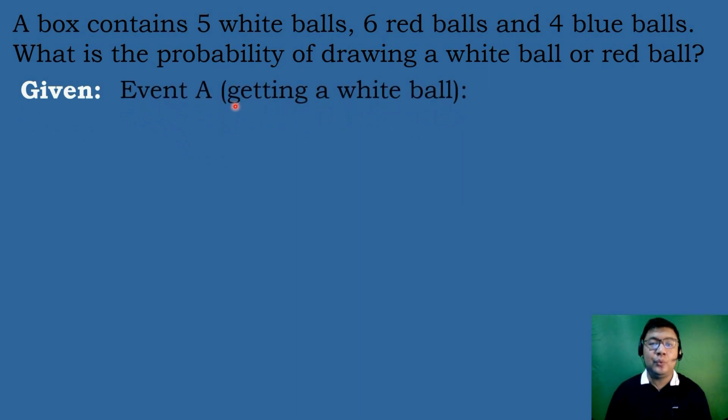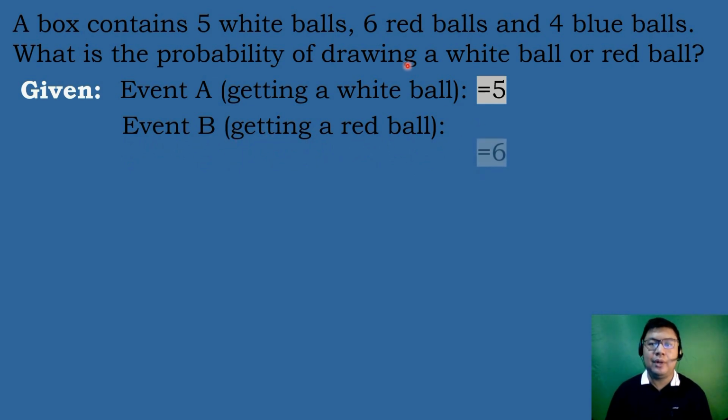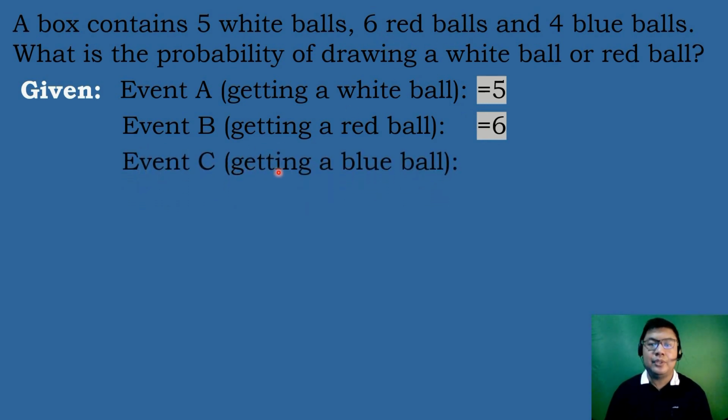Event A, which is getting a white ball, is equal to 5 because there are 5 white balls. Event B, which is getting a red ball, is equal to 6 because there are 6 red balls. And event C, which is getting a blue ball, is equal to 4 because there are 4 blue balls.